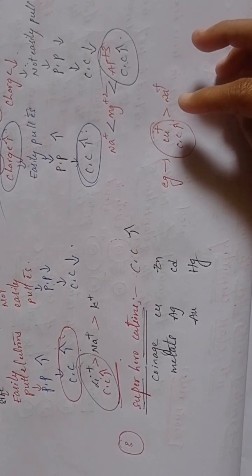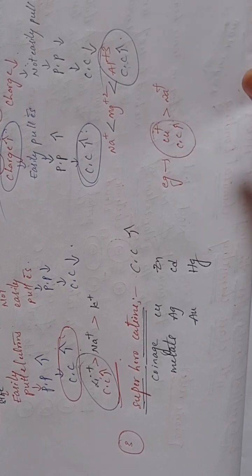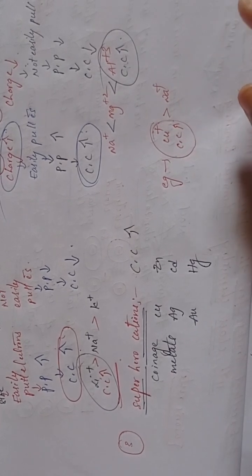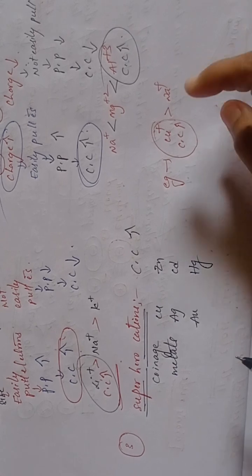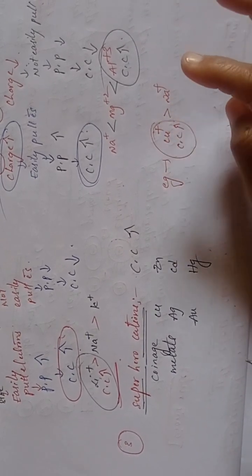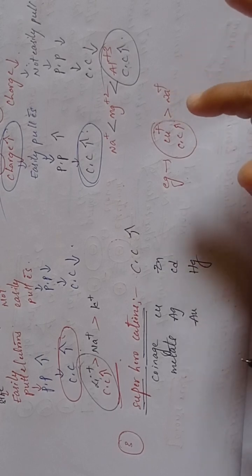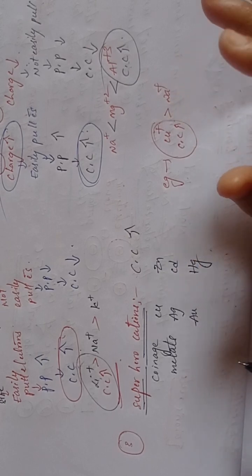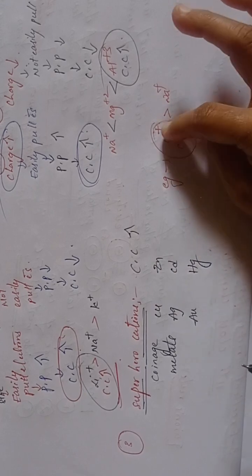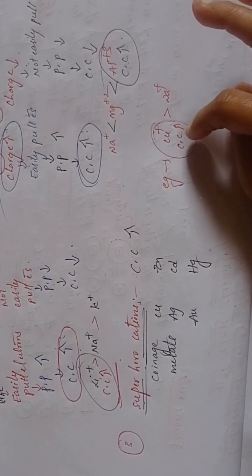Copper has atomic number 29, so the configuration is argon 4s1 3d10. One electron lost, that means it has 3s2 3p6 3d10, so a total of 18 electrons are present in the valence shell. That's why it shows the pseudo inert gas electronic configuration.